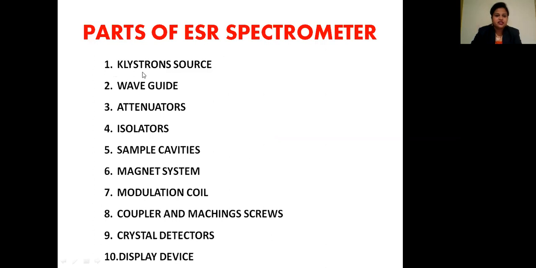First part is the klystron source. Second part is the waveguide. Third part is the attenuators. Fourth part is the isolators. Fifth part of ESR spectrometer is sample cavity. Sixth part is the magnet system. Seventh part is the modulation coil.